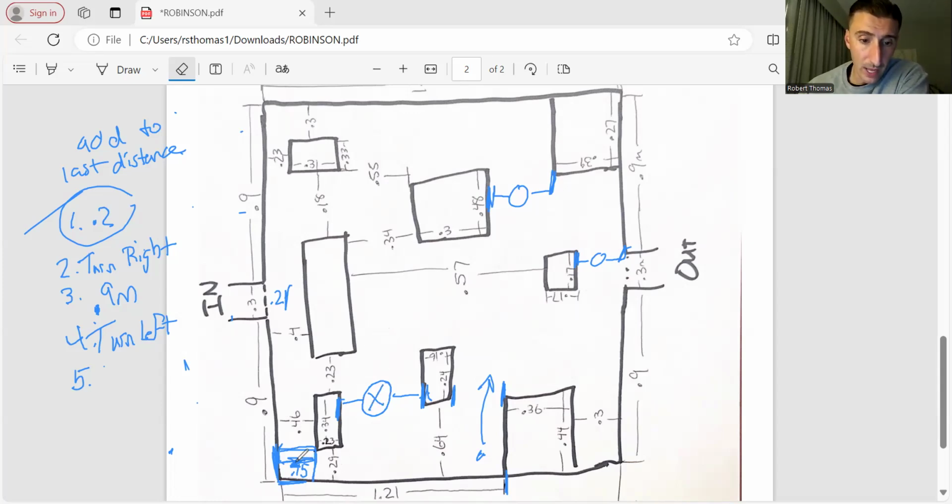So I know that it's 1.21 meters from back wall to this box, right? So let's think about it. I'm going to start with that total distance. I'm going to say 1.21.